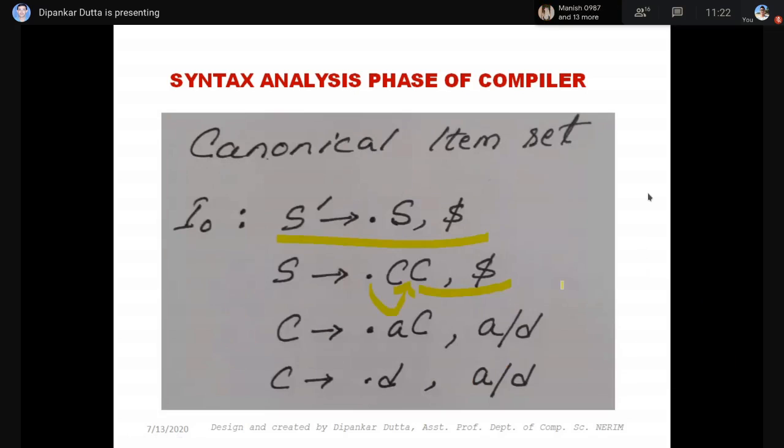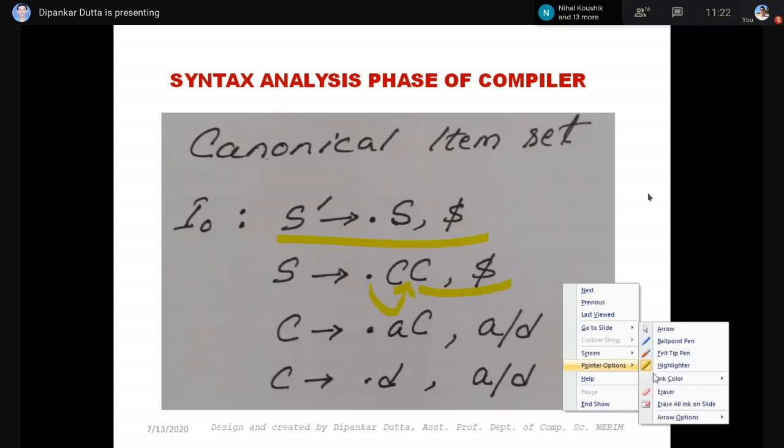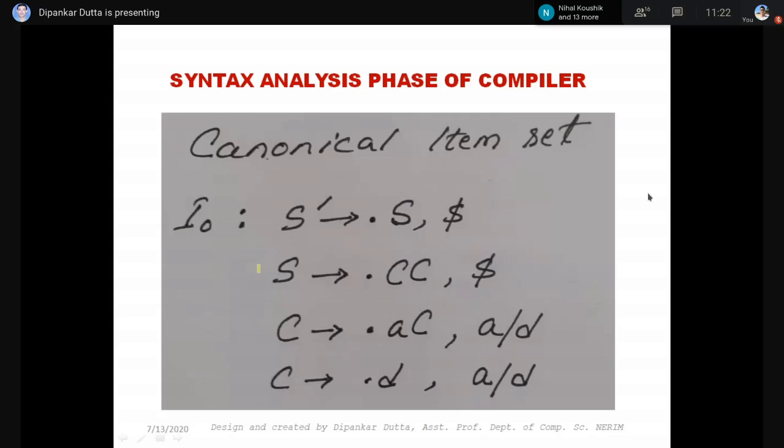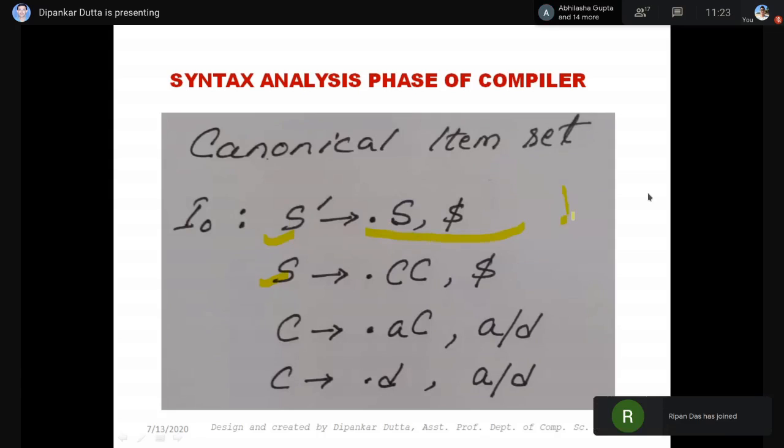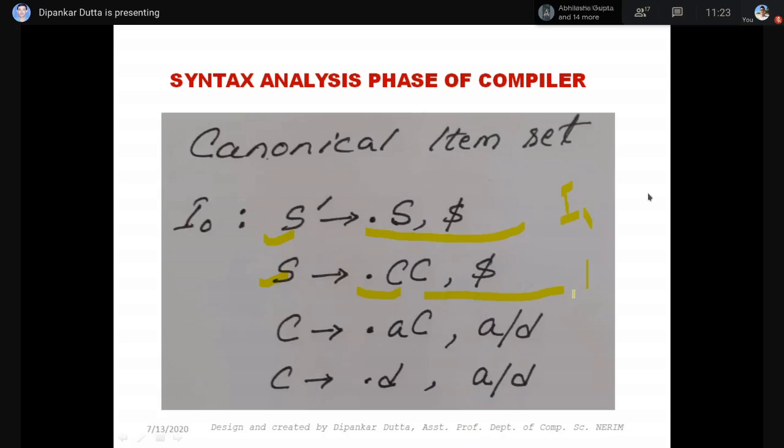So then from this particular item set I0, we have already discussed these two. I0 did this dot S, it is computed in I1 and this dot C is computed in I2.